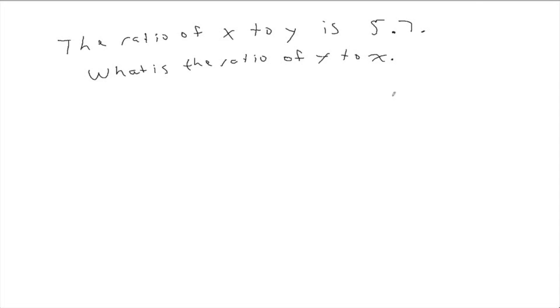How would you attack this problem? Is it 1 over 5.7? That's right. So ratio of x to y, how would you turn this 5.7 into a fraction? 5.7 over 1. Now the ratio of y to x should be the reciprocal of that. What would you do next?